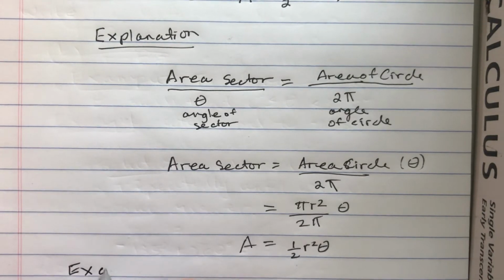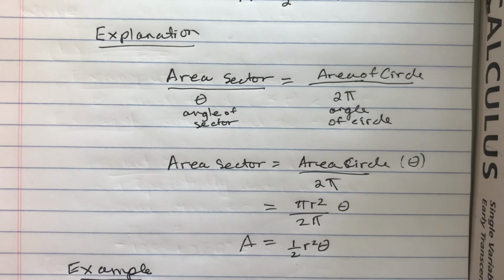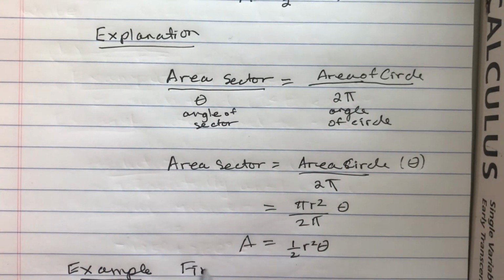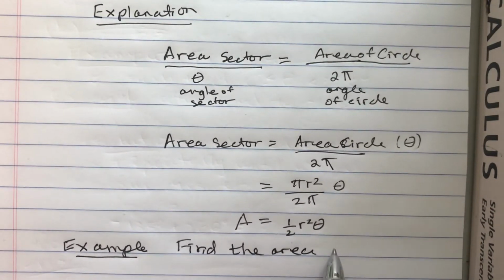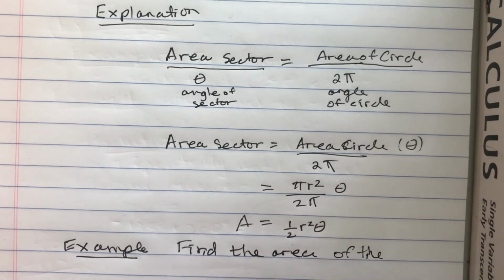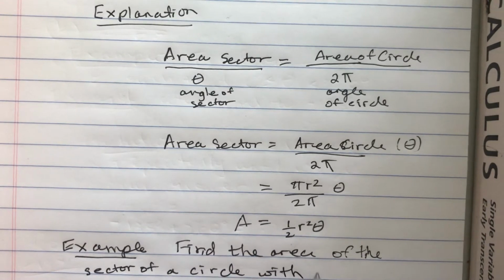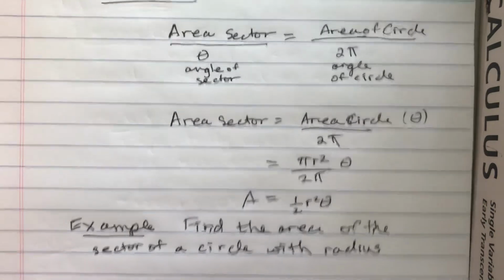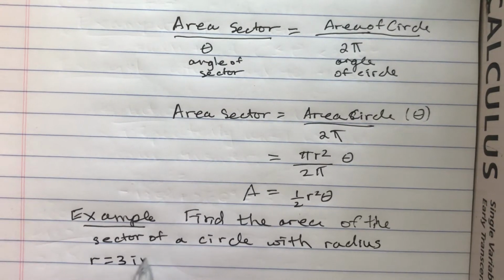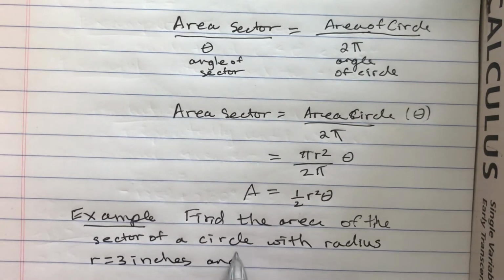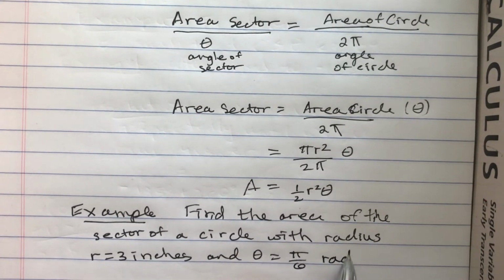And so, for example, we can find the area of the sector of a circle with radius r equals 3 inches and theta equals pi over 6 radians.